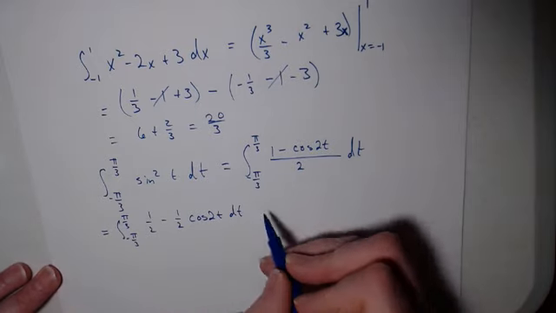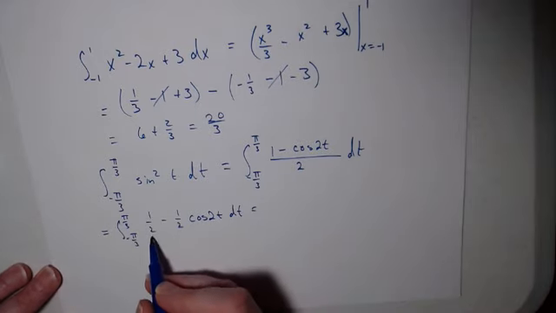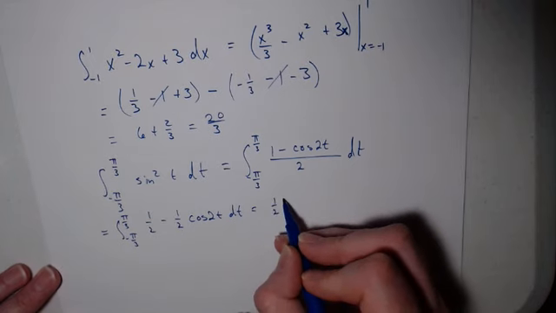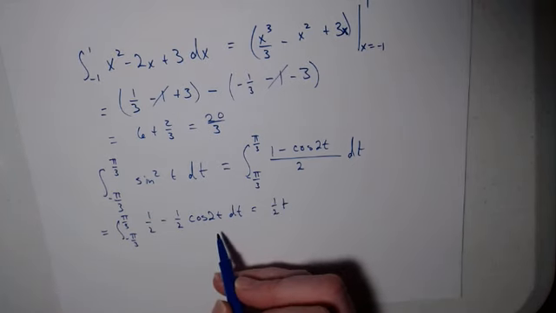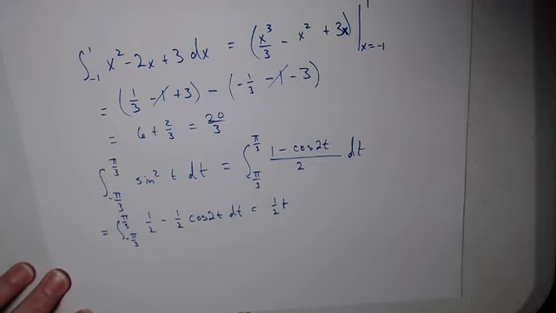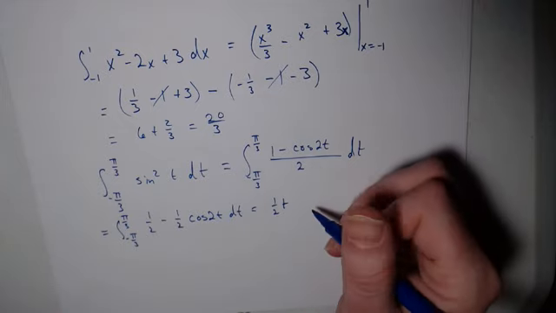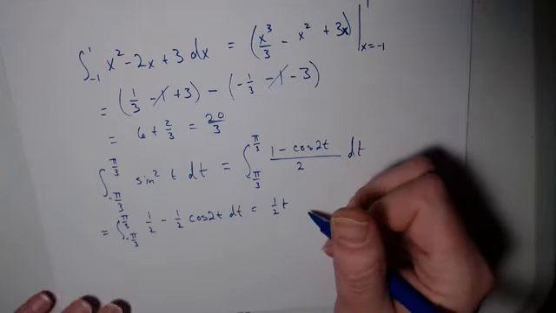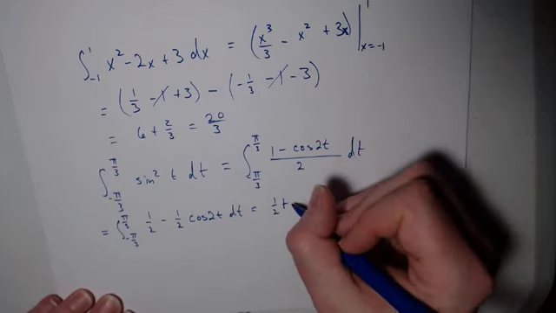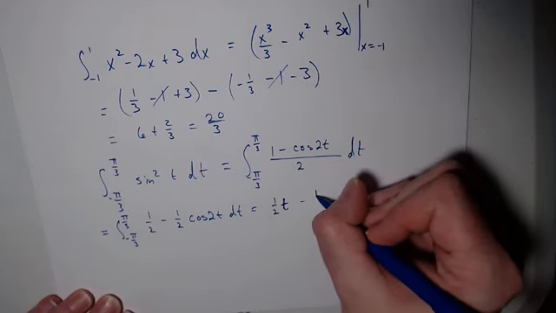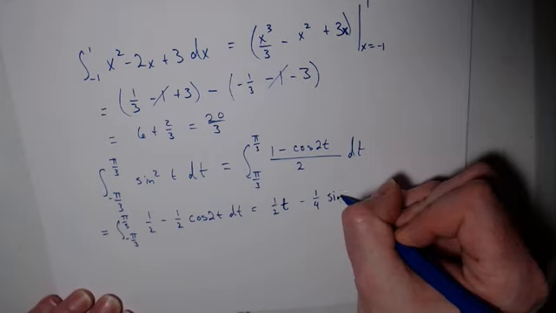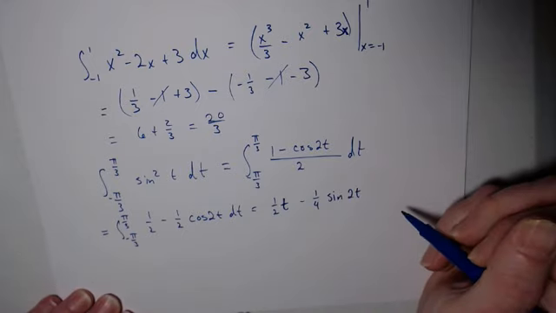Just a little easier like that, because then an antiderivative of 1/2 is 1/2 t, and an antiderivative of cosine 2t is going to be 1/2 sine 2t, so that'll be minus 1/4 sine 2t.